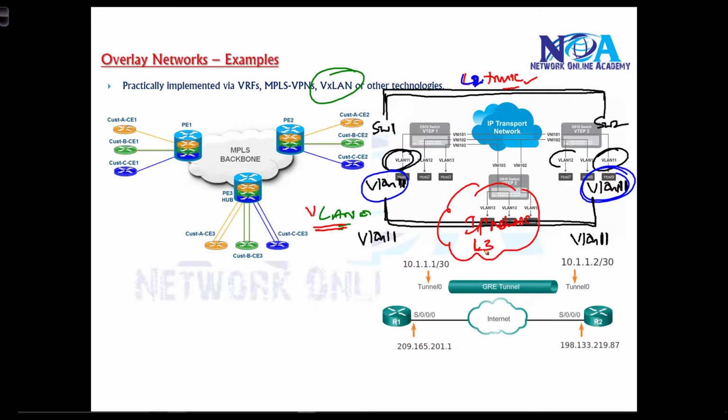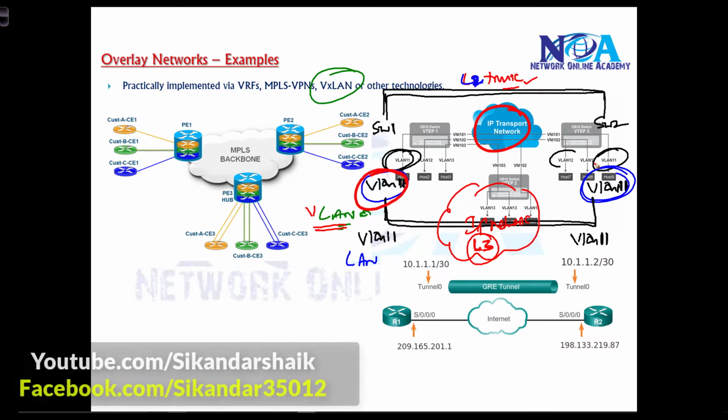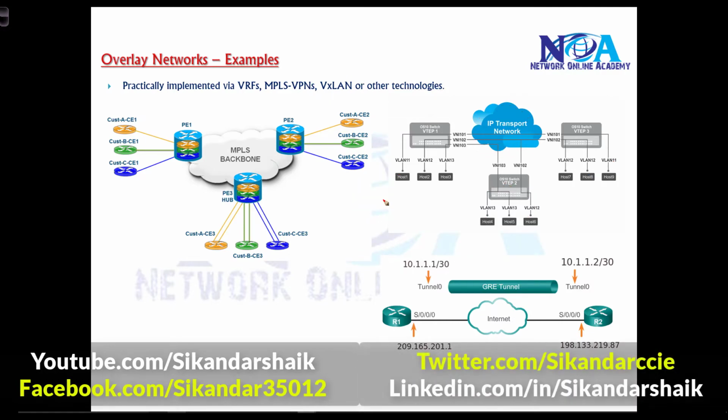So we are allowing the LAN encapsulation, and this LAN encapsulation is done over the L3 network, which means we are extending the same concept of VLAN over an L3 network. Physically there is an IP network, but logically it looks as if these users of the same VLAN are part of one single LAN or one single network.